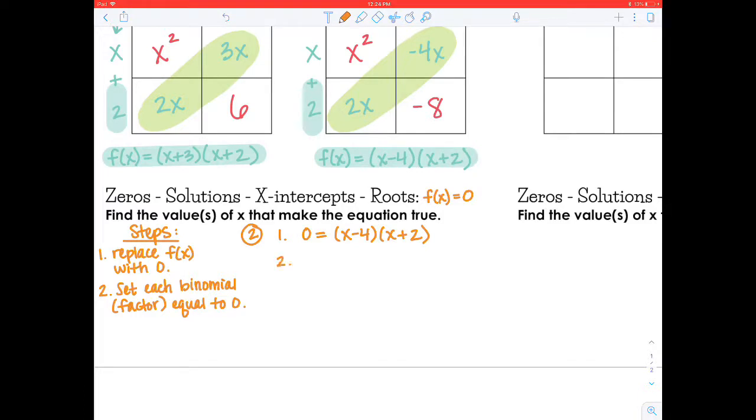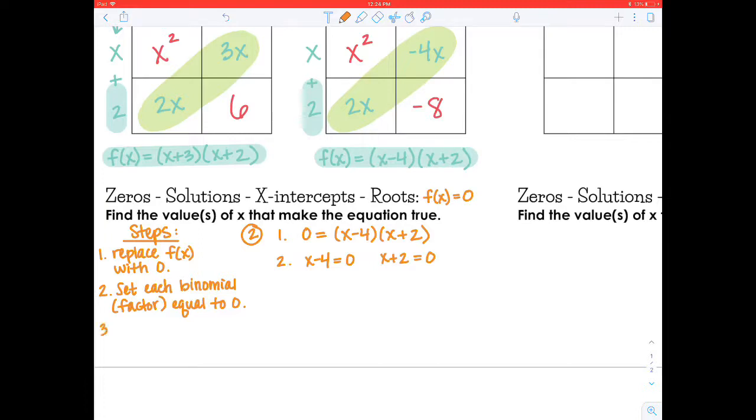Okay, so this is step 2. So basically you're just going to write 2 little equations here. So I'm going to take this x minus 4 binomial and I'm going to set it equal to 0. And then I'm going to take the other one, x plus 2, and also set it equal to 0.